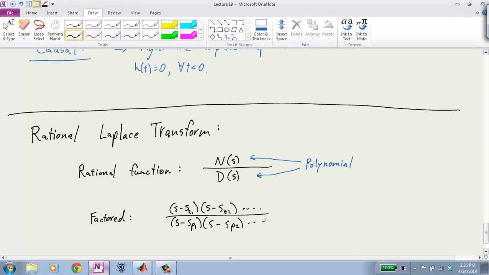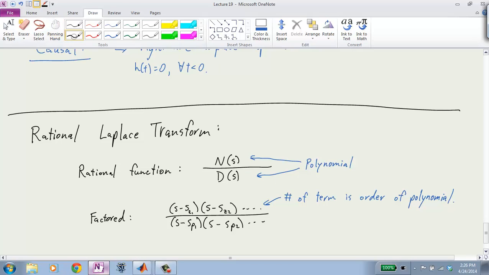Of course, the number of these terms is going to be equal to the order of your polynomial. Sometimes you say that the rational function has an order, and the order of the rational function is just the maximum of the two orders, the numerator and denominator.